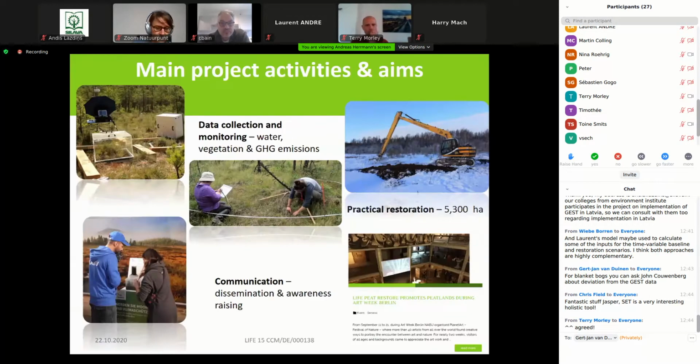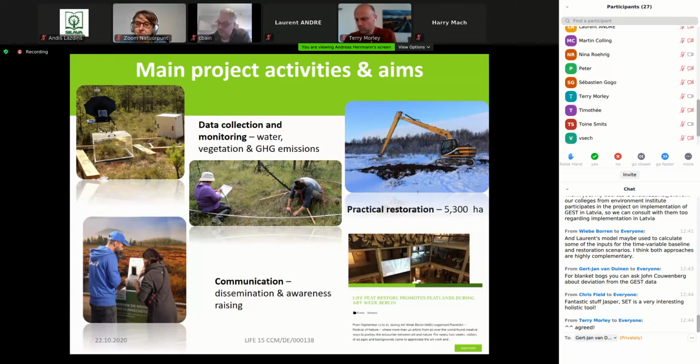What we are doing first of all is a data collection part. We have to collect water table information, a lot of information about the vegetation, and then also the greenhouse gas emissions.